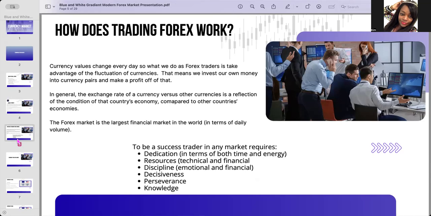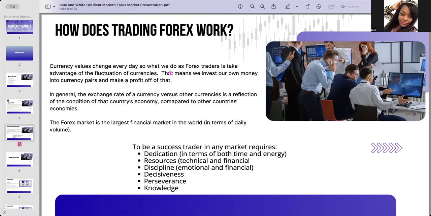I've always said if you're trading a dollar for every tick or every pip, that's a dollar. Every tick is a dollar. If you're trading $10, every tick is $10.